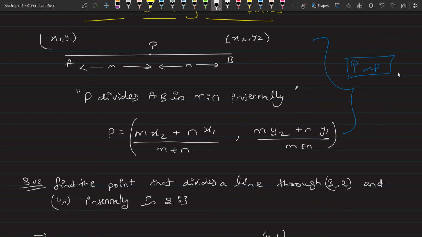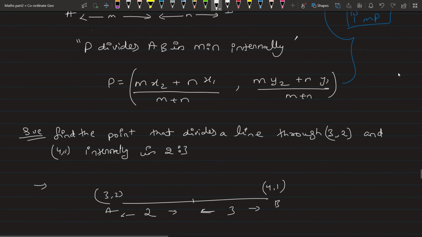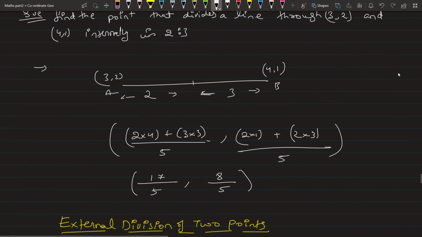So the coordinates of the point will become m into x2 plus n into x1 divided by m plus n, comma m into y2 plus n into y1 upon m plus n. This is also known as internal division. Further we will study external division also.